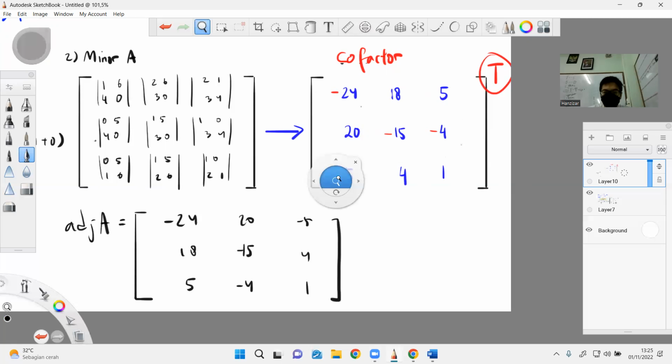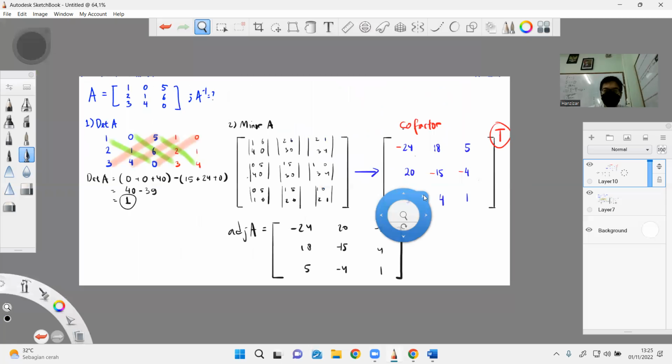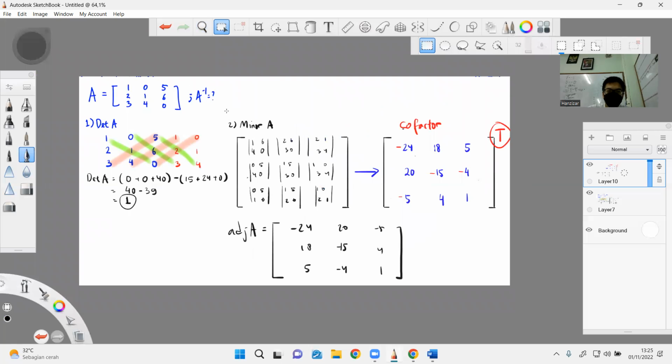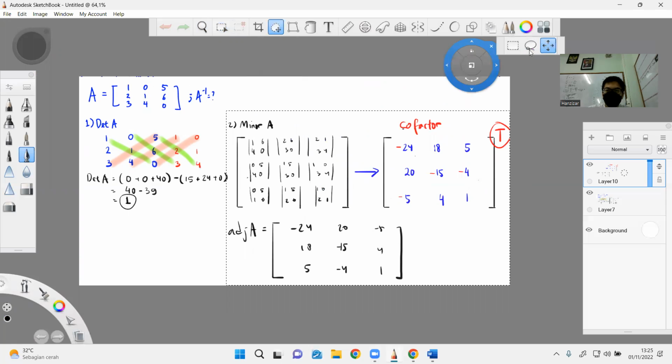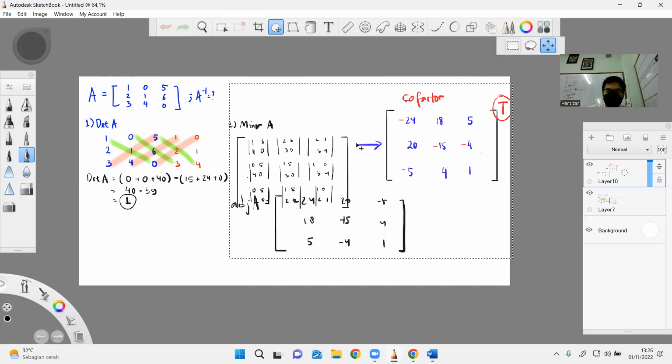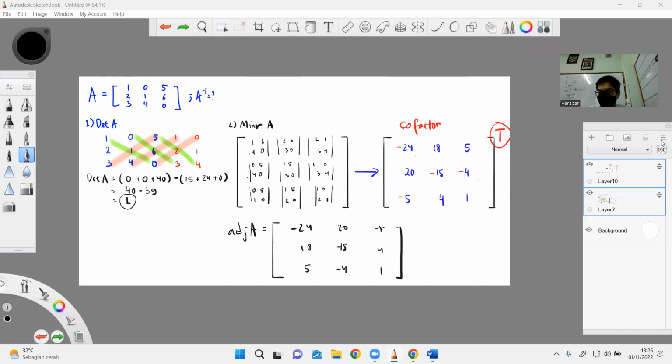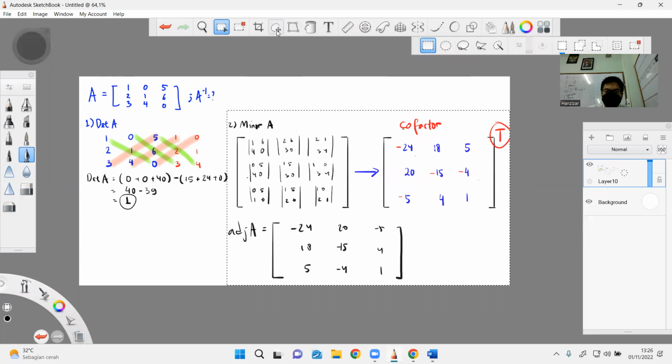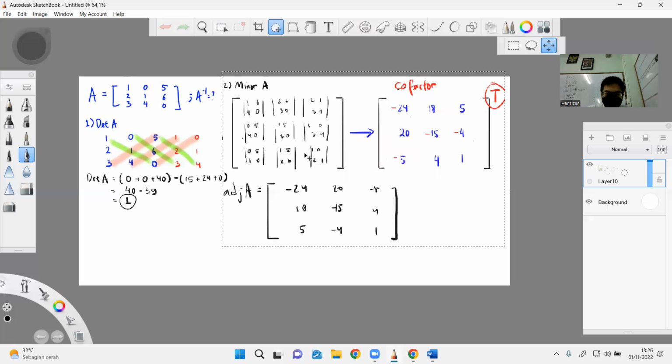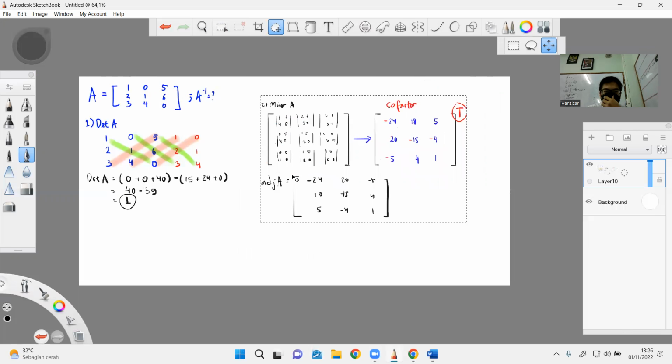And then we are done. No, we are not done yet, but I will put it a bit on top. A moment, guys. Sorry. We already get the adjoint.